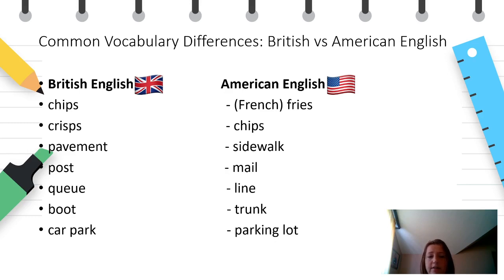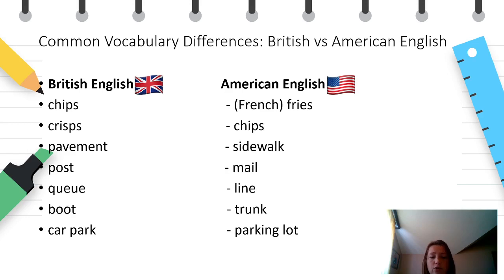Crisps is a British word for thin potatoes that are usually packed in a bag, and American English uses the word chips. So be careful not to confuse the word chips in American English and chips in British English.